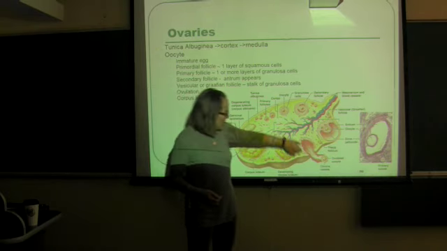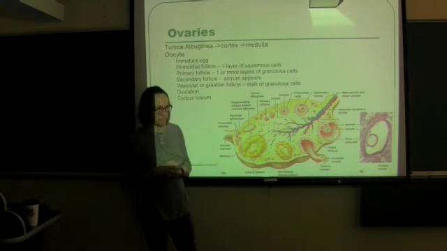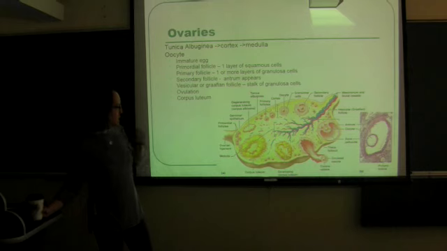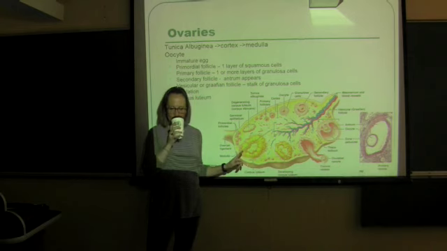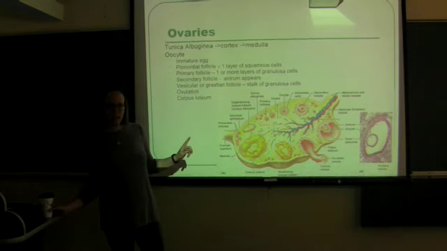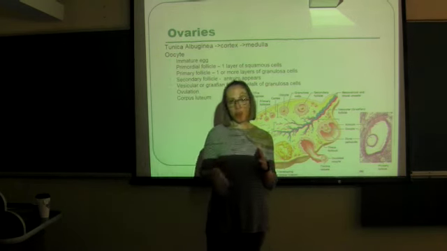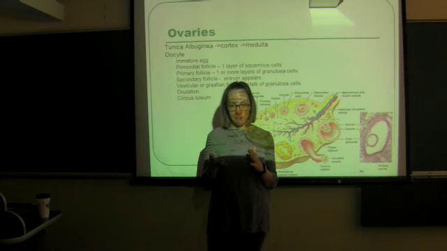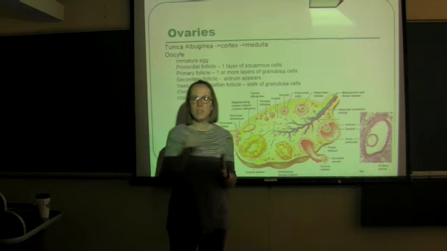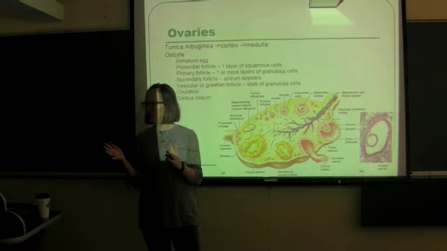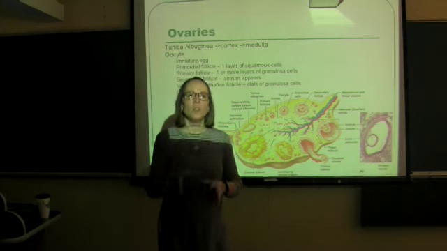Now, it comes out and there is scar tissue left called the corpus luteum, okay? And the reason that the corpus luteum is important is that if there is conception and the baby embeds on the inner lining of the uterus, the corpus luteum will release hormones that help the baby to stay viable until it has enough of a placenta to release hormones.